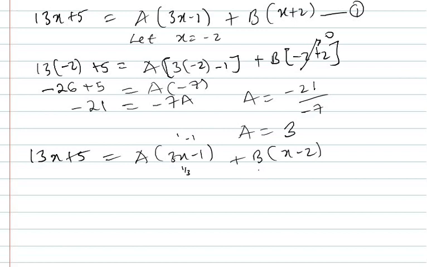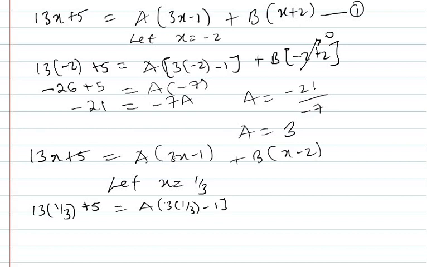Then I am left with B so that I can find B. So let x be equal to 1 over 3, then I can say 13 into 1 over 3 plus 5 is equal to A into (3 times 1 over 3 minus 1) plus B into (1 over 3 plus 2).